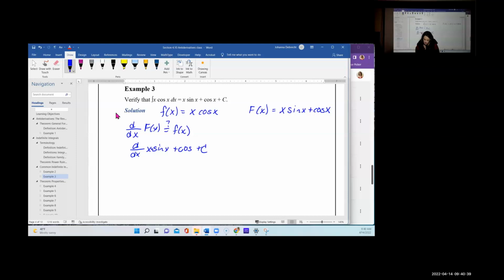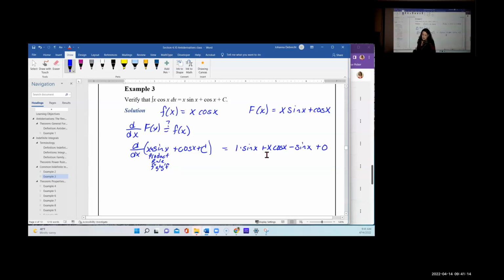of x sine of x plus cosine of x plus this constant. I've got multiplication between x and sine x, so I'm going to have to invoke product rule right here. So when you do the product rule, remember that you're going to have f prime g plus g prime f. So this is going to be 1 times sine x plus cosine x times x, which I'm going to move to the front, plus the derivative of cosine of x is negative sine x, and the derivative of the constant is 0.